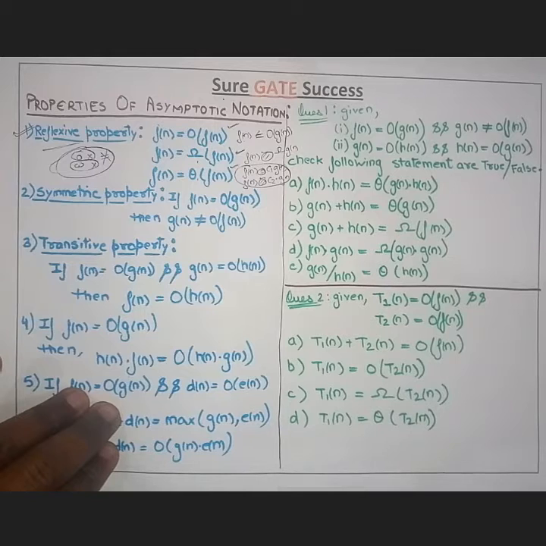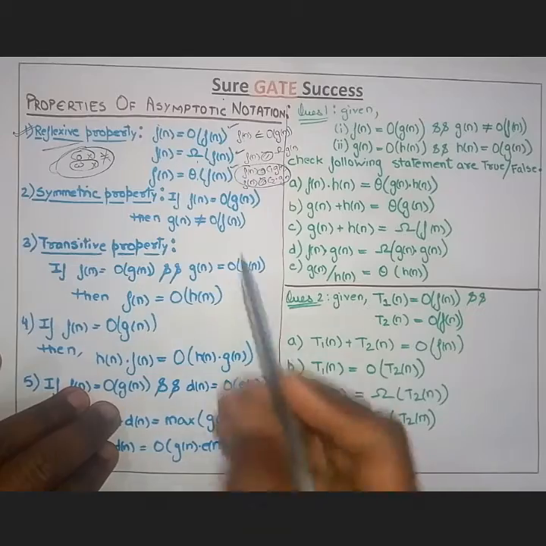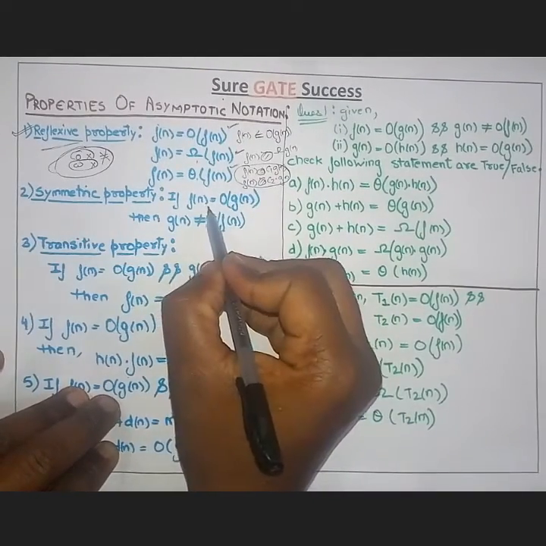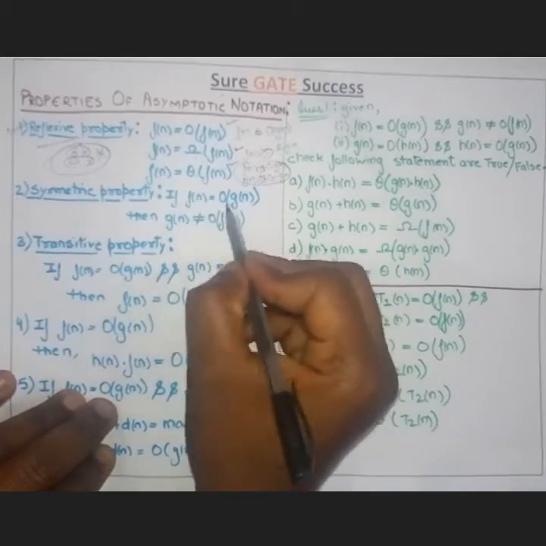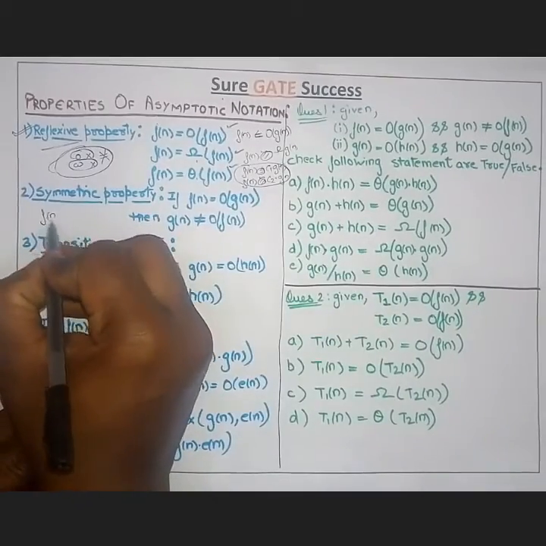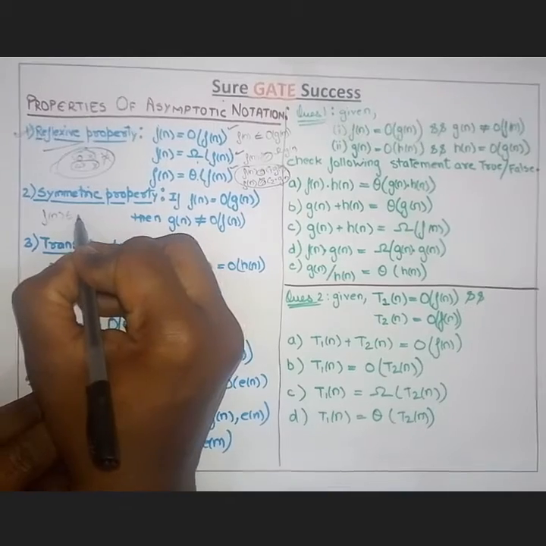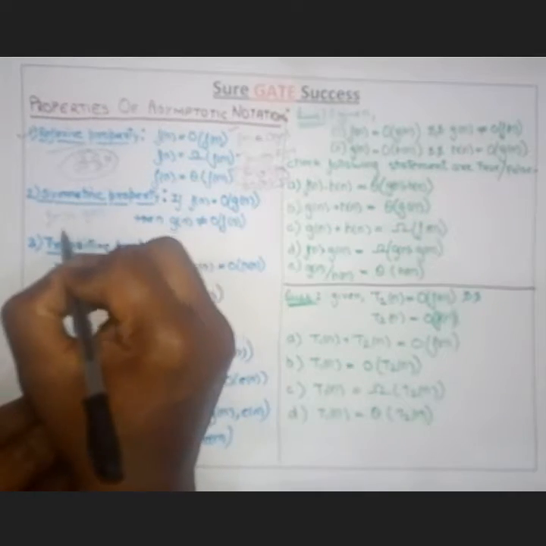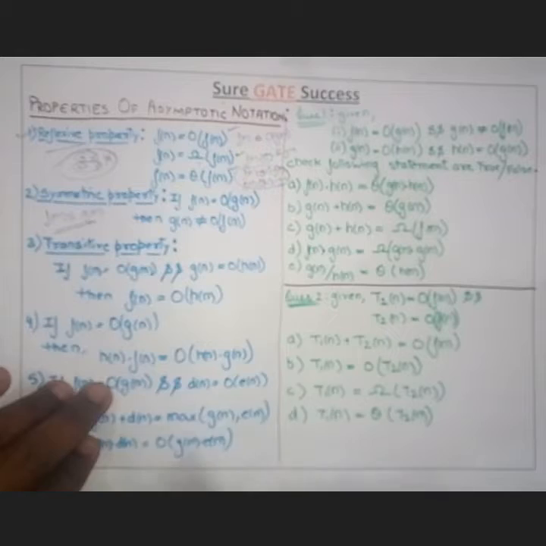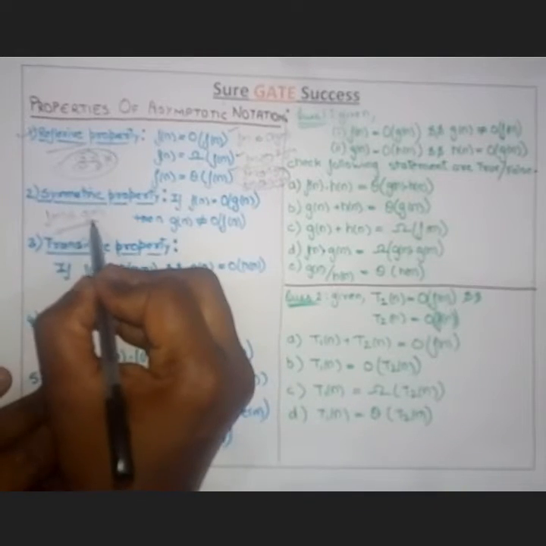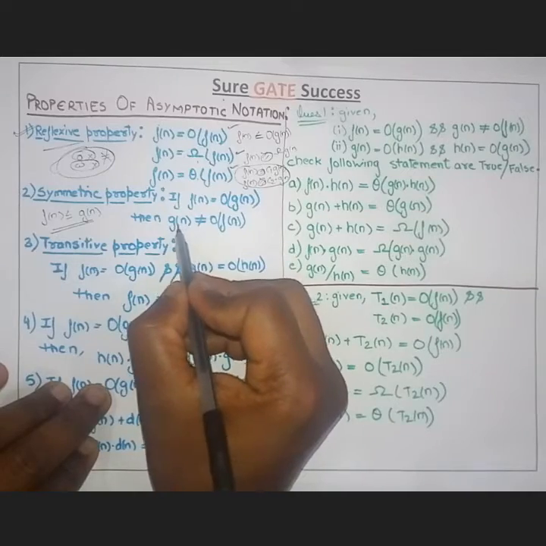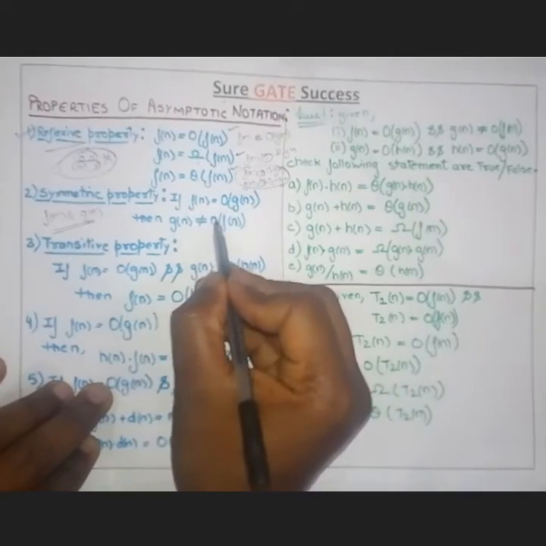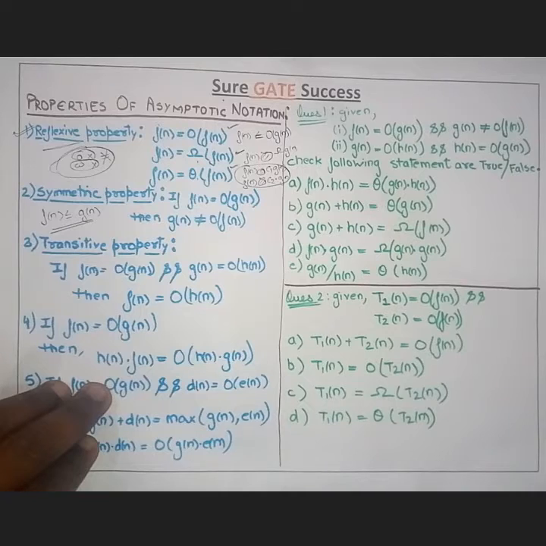The second one is the symmetric property. In the symmetric property, if function f of n is big O of g of n, what we are saying is that f of n is less than or equal to g of n. Is it right? So if f of n is less than or equal to g of n, then g of n will not be big O of f of n.